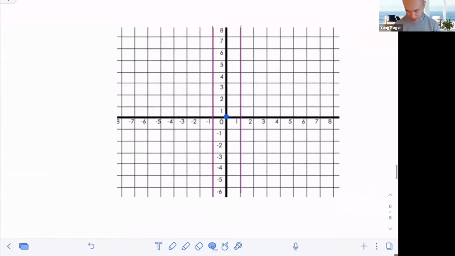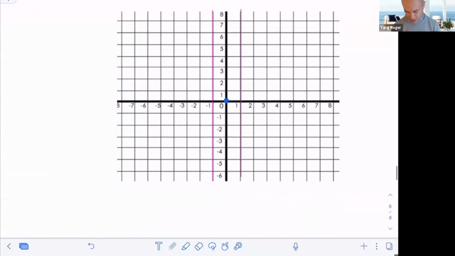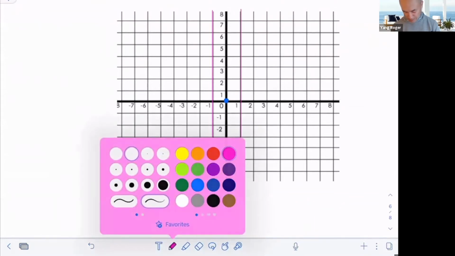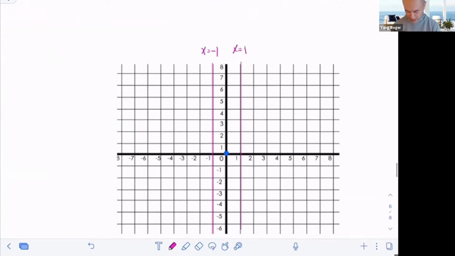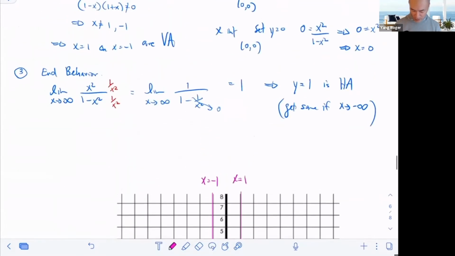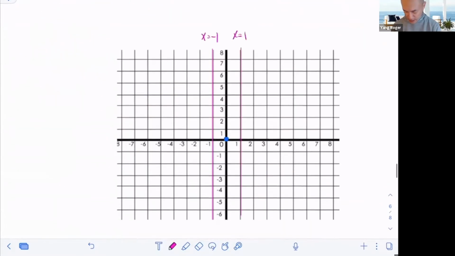You see the vertical asymptote there, right? We should label those. So it's going to be x equal to 1, and this is x equal to negative 1. And then we should do the horizontal one. So the horizontal one was y equal to 1. So this guy looks like this. This is y is equal to 1. Okay.